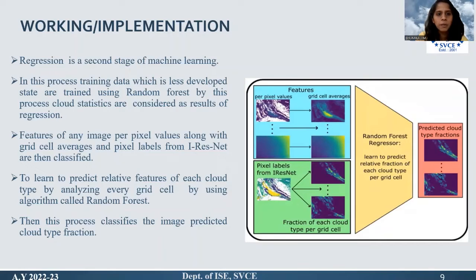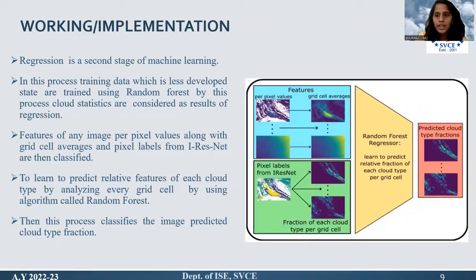Features of any image per pixel value, along with grid cell averages and pixel labels from IRIS-Net, are then classified to learn to predict relative features of each cloud type by analyzing every grid cell using an algorithm called random forest. Then this process classifies the image's predicted cloud type fraction.